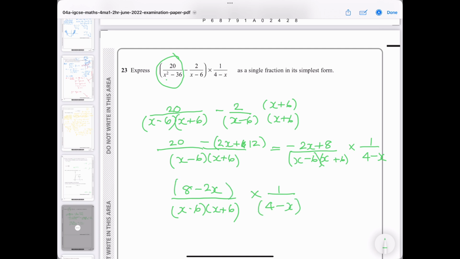Now, 4 minus x goes into 8 minus 2x twice. So that could be converted into 2 lots of 4 minus x. And that means I can get rid of that and get rid of that. So my actual answer is going to be 2 times 1, which is that. That's going to be 1 at the bottom. So it's 2 over x minus 6, x plus 6. And I can make it look lovely by doing 2 over x squared minus 36.